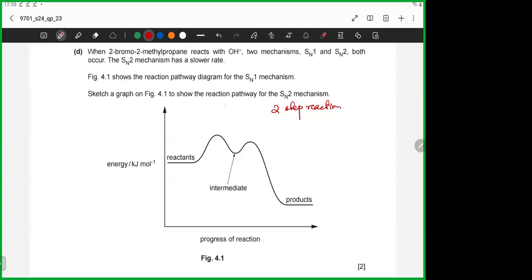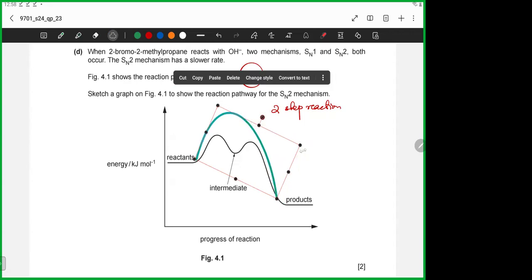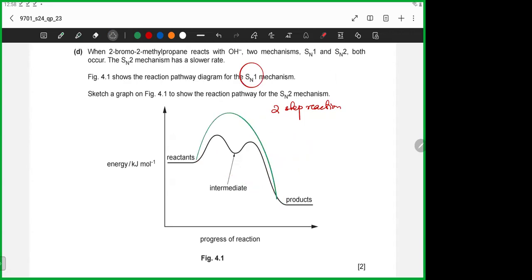So you're saying sketch a graph on figure 4.1 to show this. So this is your SN1 mechanism. Now you have to show your SN2 mechanism, which would probably be a single-step reaction. Like this. So it's just going to be a single-step reaction.